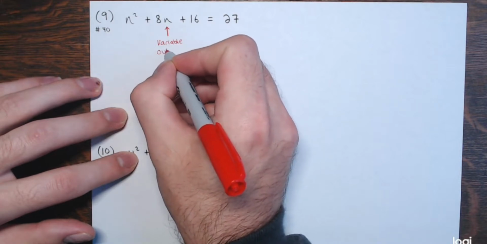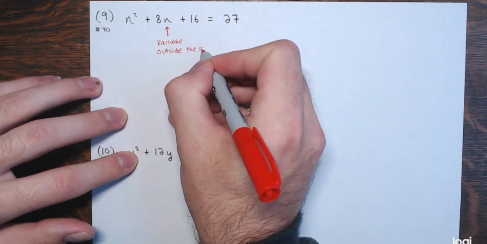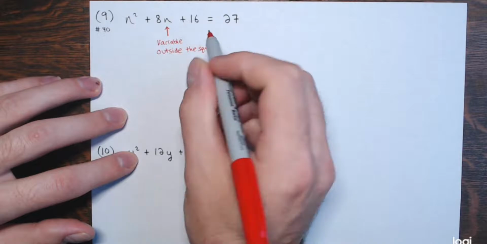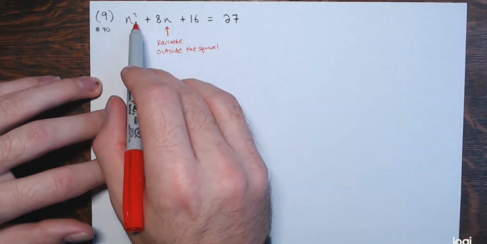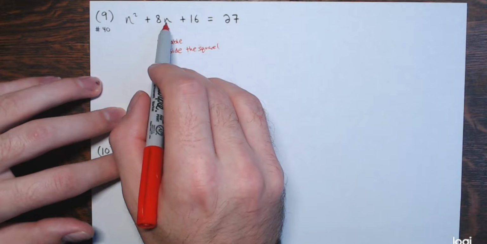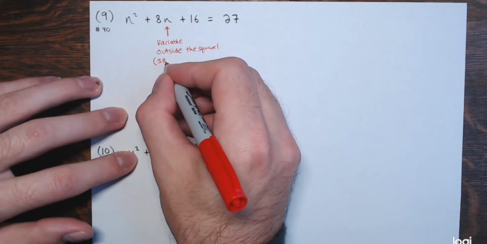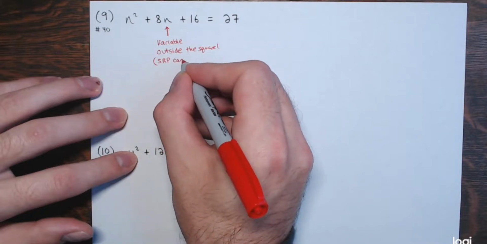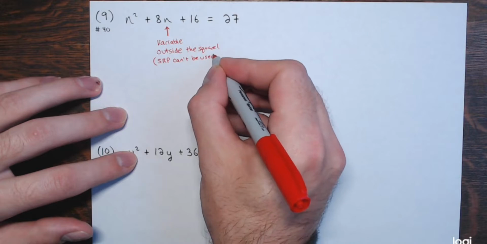Right, you've got n to the second power, there's your square. But there's this other n outside the square. This means that the square root property can't be used, as is.